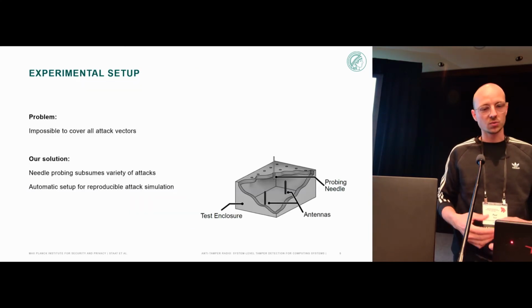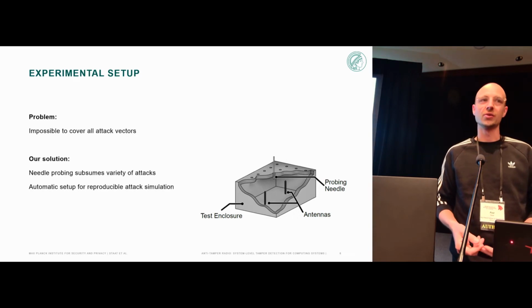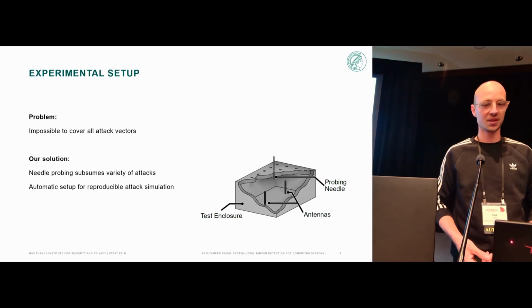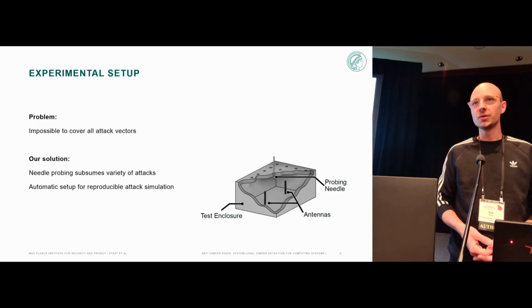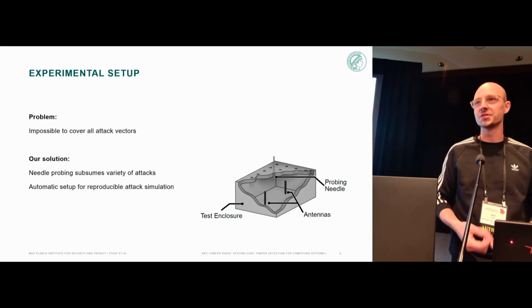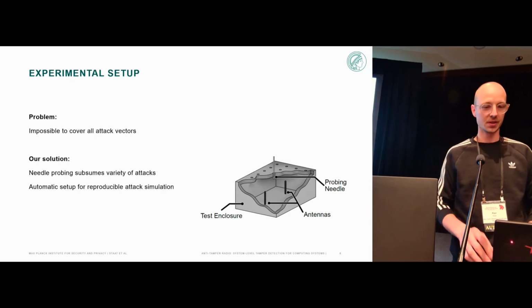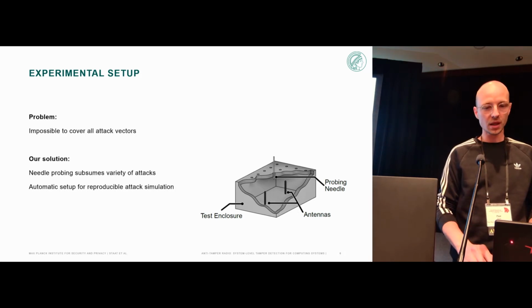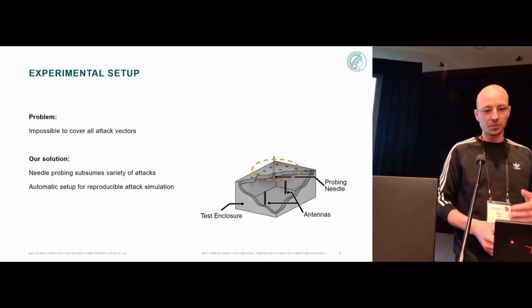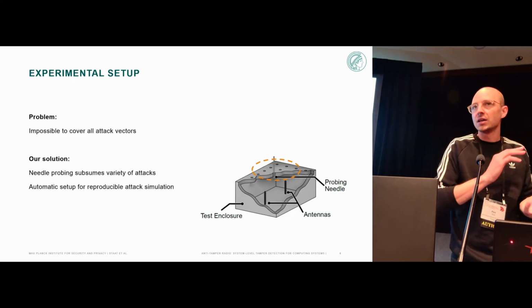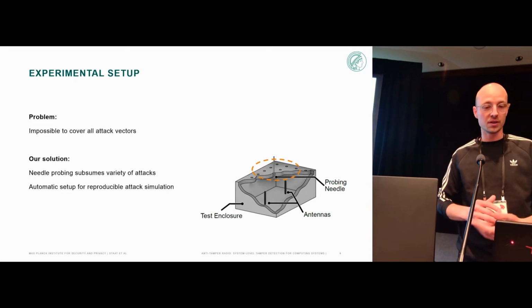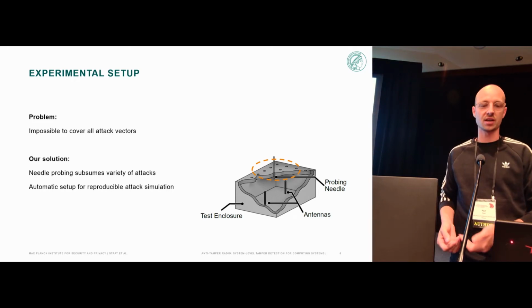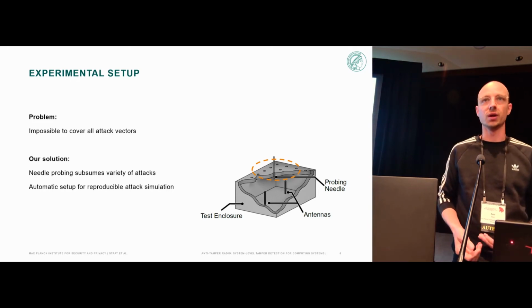So how does one systematically evaluate a tamper detection mechanism? That's a tough question because it's impossible to cover all the attack vectors. We decided to use needle probing as an exemplary attack vector to evaluate. When we can detect a small probing needle, we believe that we are also likely to detect other more invasive tampering as well.